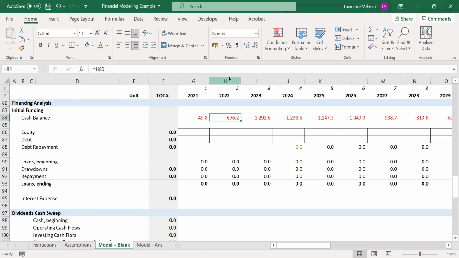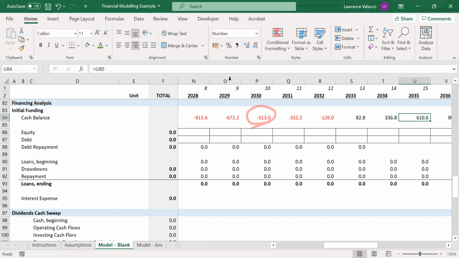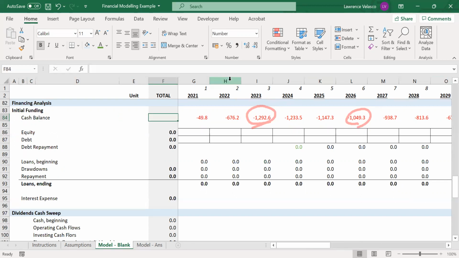It could be as much as 1.3 billion. A negative cash balance means it cannot be funded. Eventually it will run out, and you will reach a point where your cash balance is enough to cover everything. However, there is a timing issue. Therefore, you need to fund this at the onset.